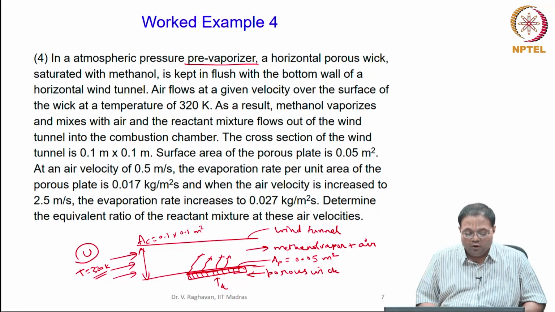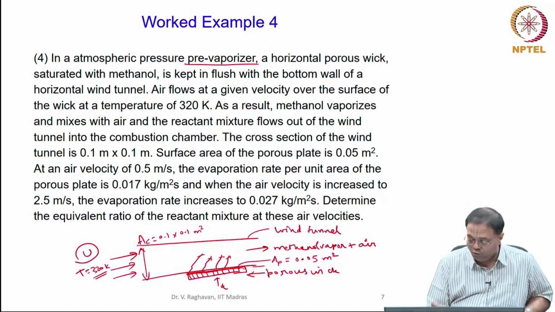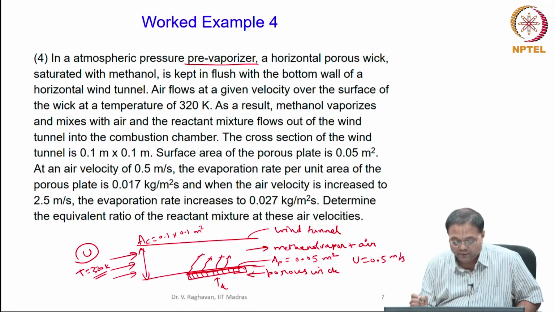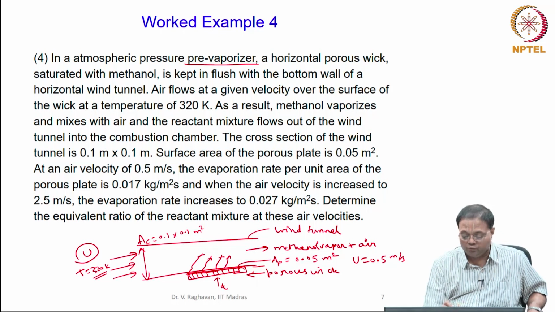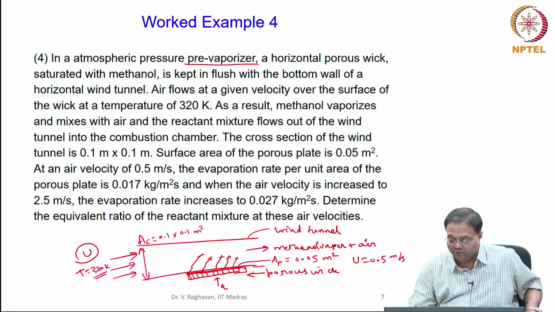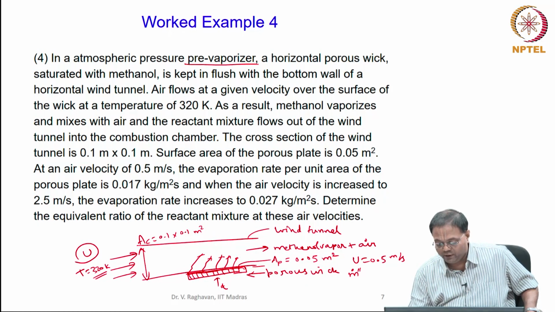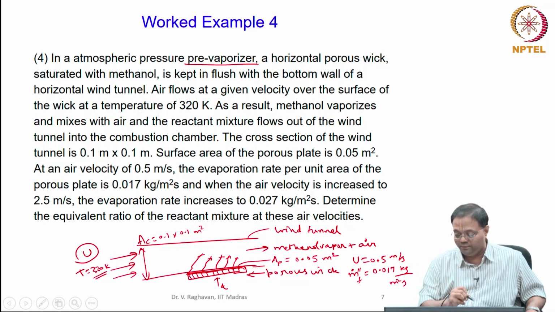Okay, now at an air velocity of 0.5 meter per second, when u equals 0.5 meter per second, the mass evaporation rate per unit area of the porous plate, the methanol fuel, is 0.017 kg per meter square second.